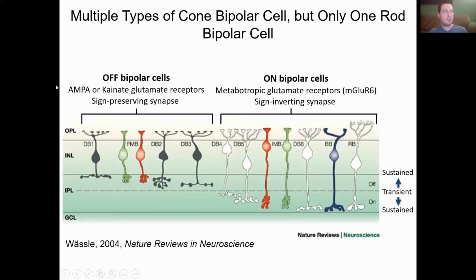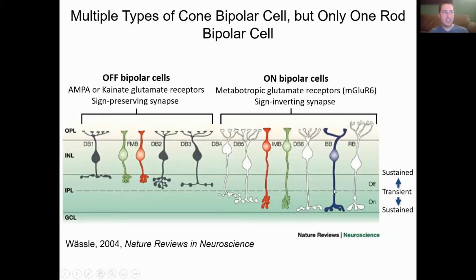So you can broadly split them into off and on cell types, but there are finer distinctions, which would make sense. You don't want to have a whole bunch of different types that all respond in exactly the same way. And there's various distinctions, but one of the simplest ways you can categorize them is that some are more sustained and some are more transient.